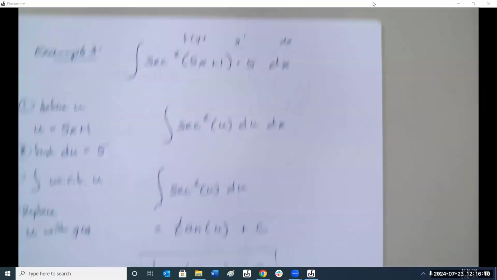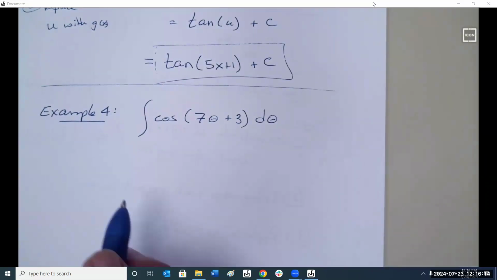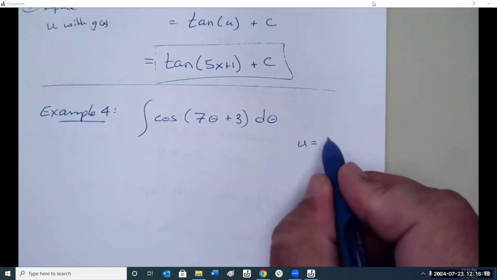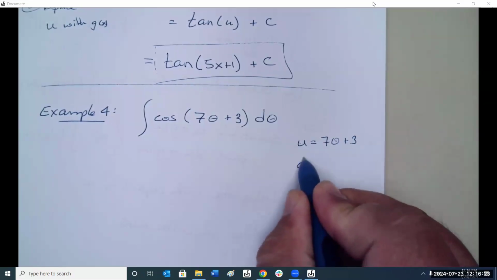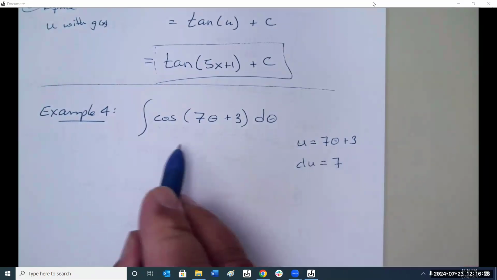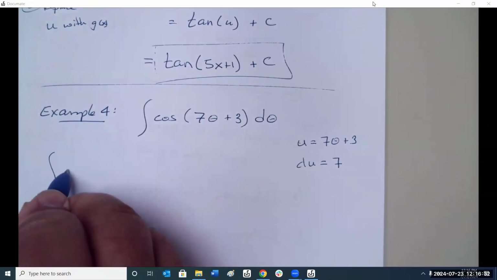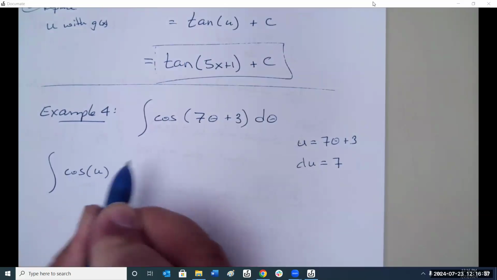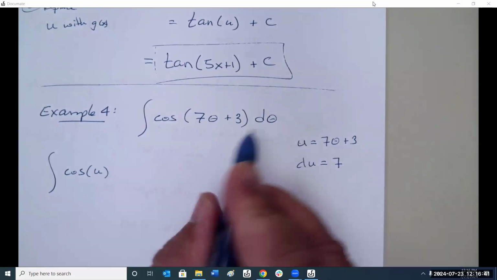So then, for this one, our u is what? 7 theta plus 3. Therefore, our du is... do we have a 7 here? Nope, we don't have a 7.